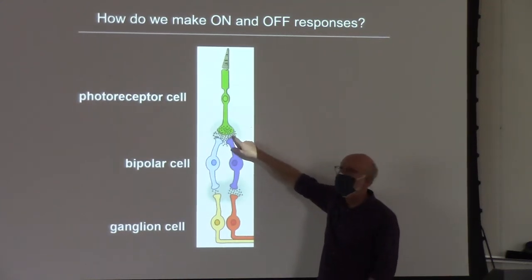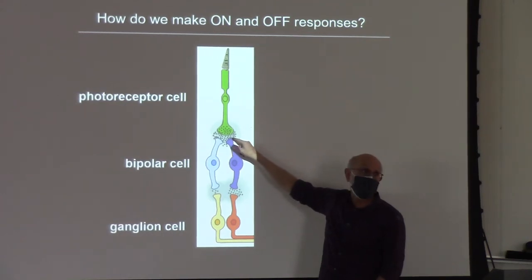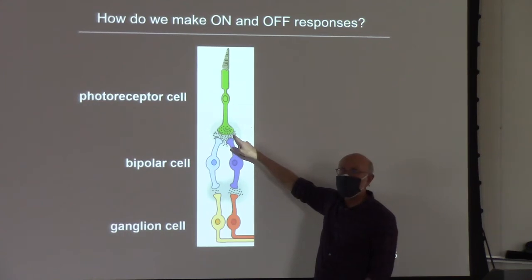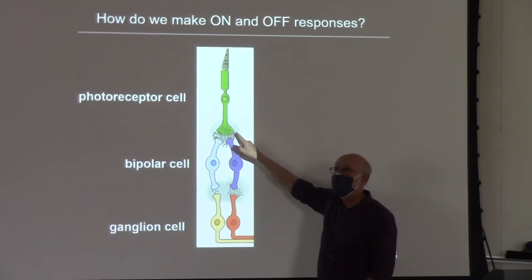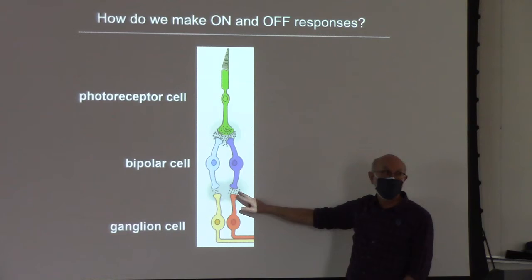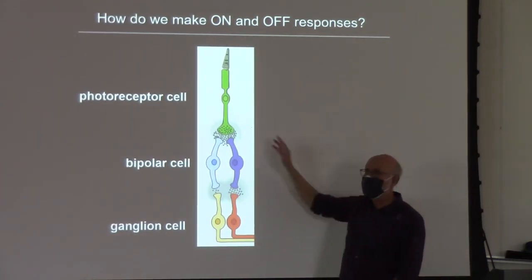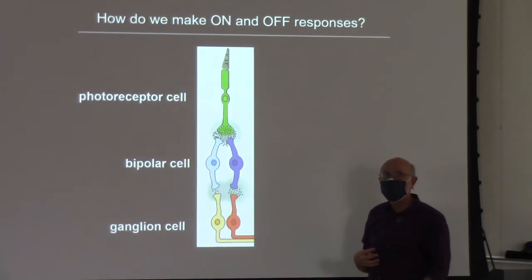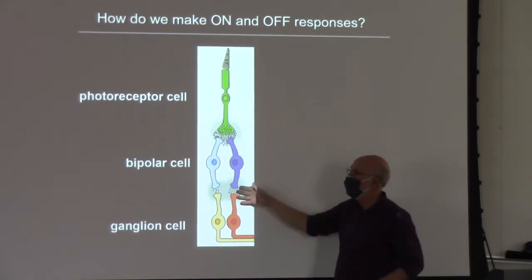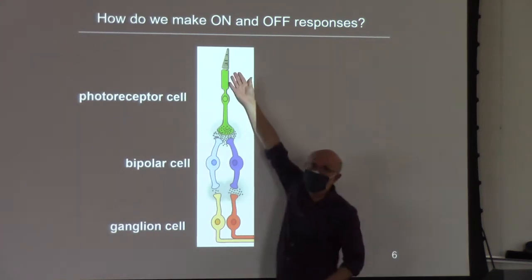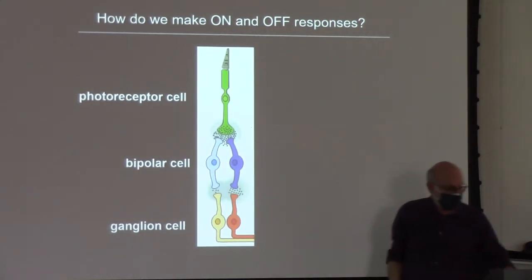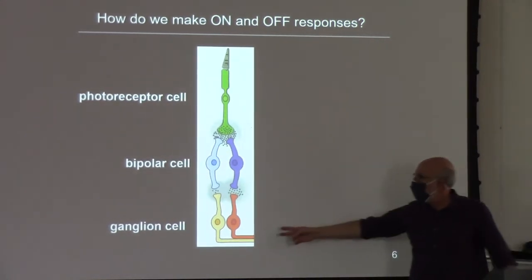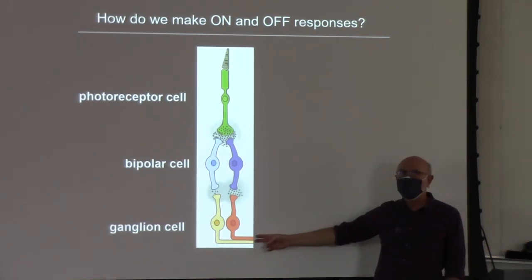It decreases the amount of neurotransmitter release. This neurotransmitter is glutamate, so that's a thing to know. This neurotransmitter is glutamate, and this neurotransmitter is glutamate. So glutamate is the neurotransmitter of the synaptic processing of light input. But how do we get high and low action potential output?